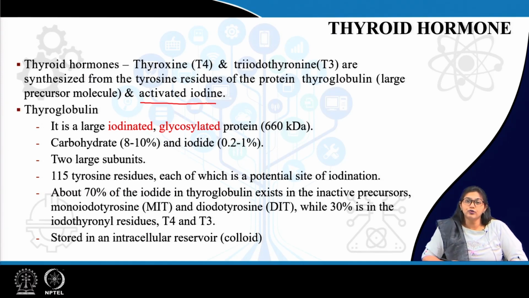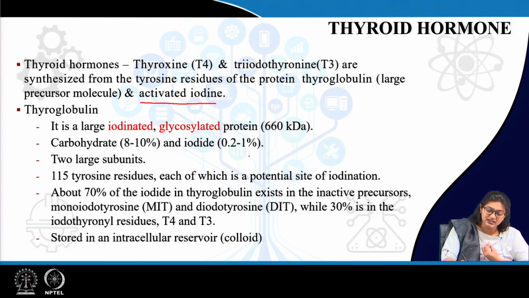Now, thyroglobulin, the precursor protein, is a large glycosylated and iodinated protein. Around 660 kilodalton is its molecular weight, where the carbohydrate content is around 8 to 10%. I told you this is a glycosylated protein. So, the carbohydrate content is very high, 8 to 10%, and also the iodide, that is 0.2 to 1%.